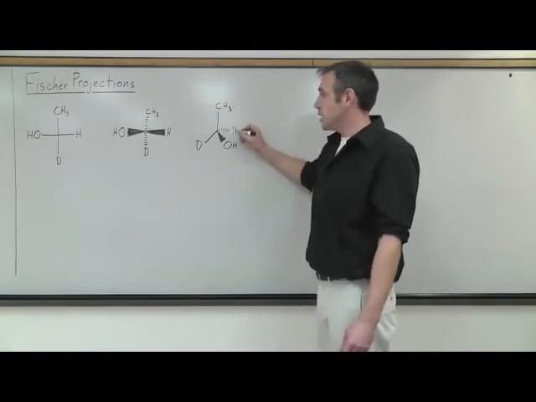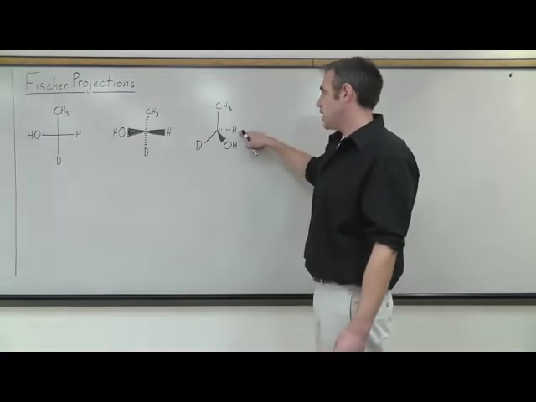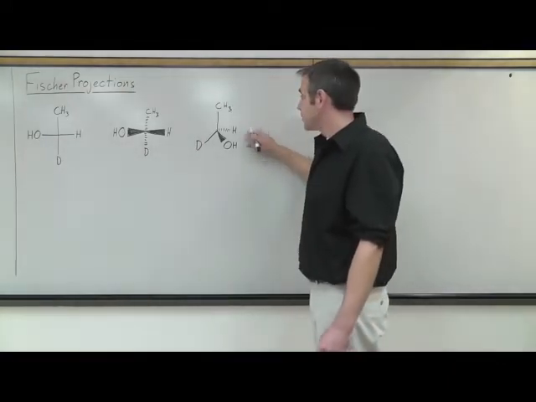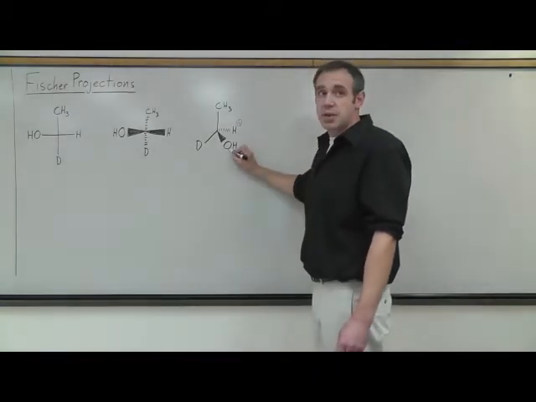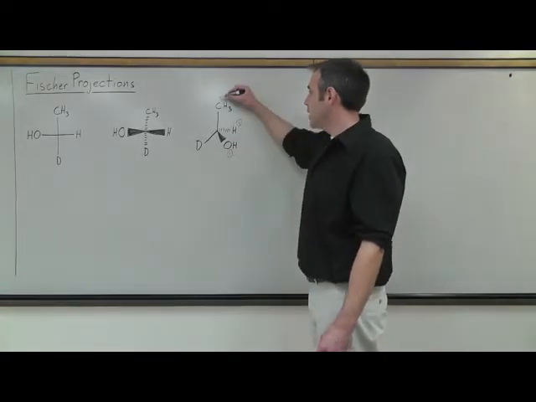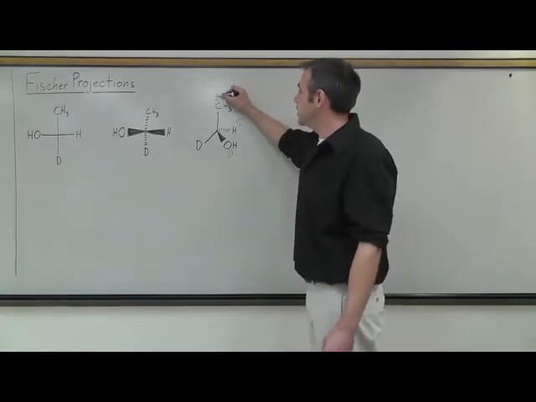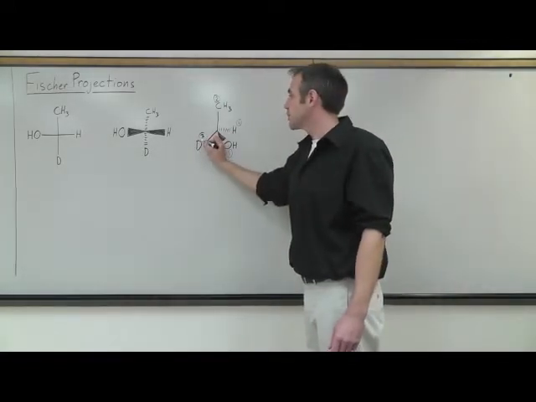And in this case, we can calculate R and S in a very straightforward fashion. We see that the hydrogen has been oriented away from us, and that would be our 4th priority group. The hydroxyl is oriented towards us, and that's our 1st priority group. The methyl group in carbon would be our 2nd priority, and the deuterium would be our 3rd priority.